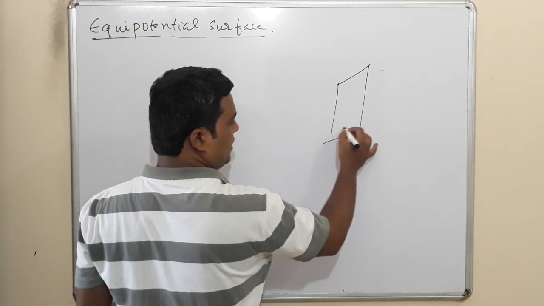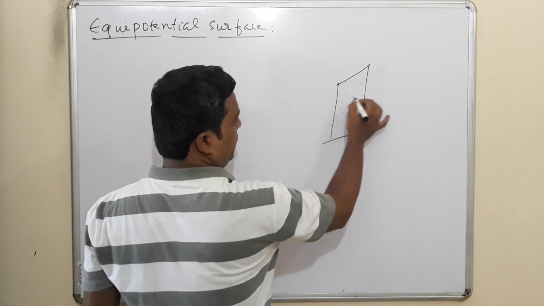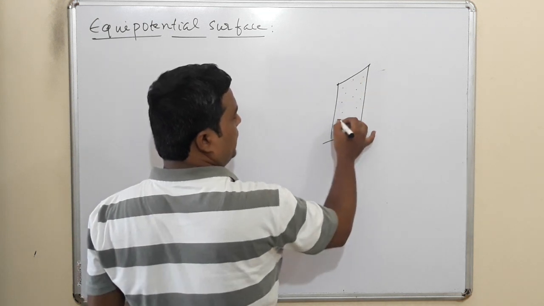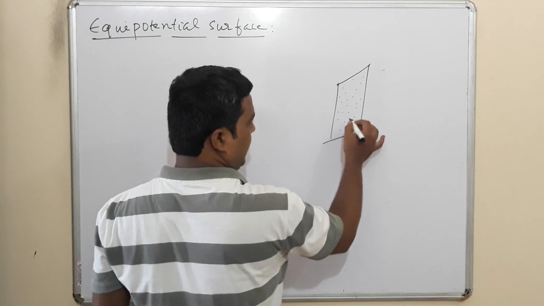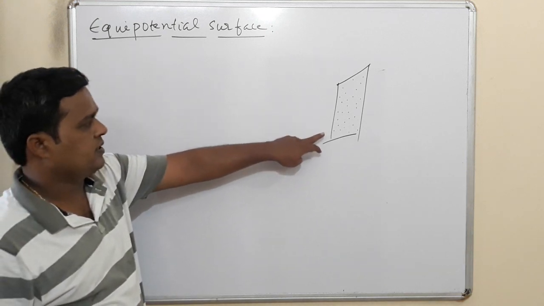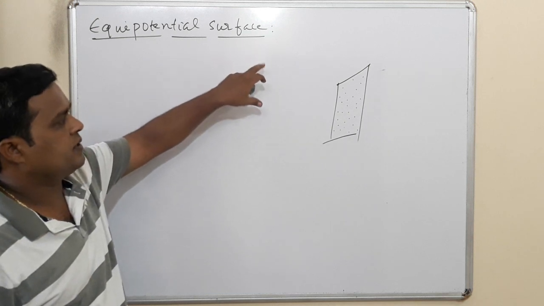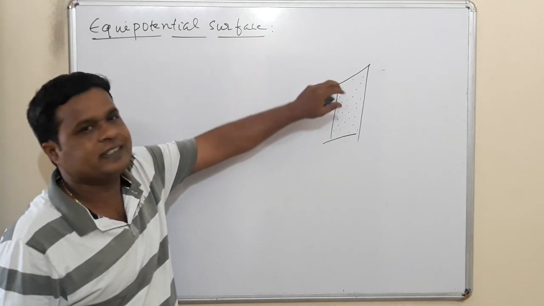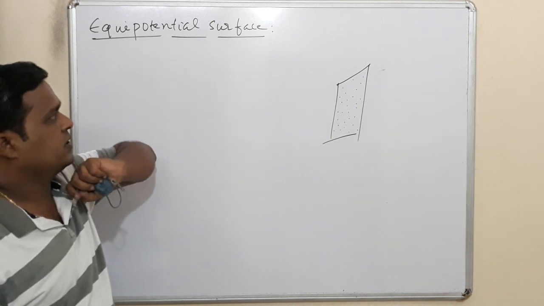On this surface, if we take any point, if the potential at every point of this surface is the same, then it is called an equipotential surface. That means the potential at all the points is equal.